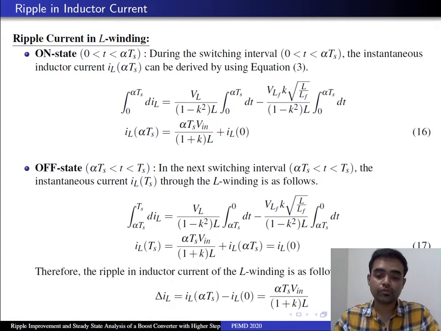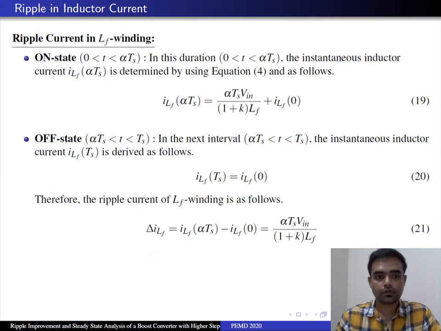As we are introducing a new term 1 plus K in the denominator, our ripple in inductor current will be less. The ripple in the LF winding is determined in the same way, and it is delta ILF equal to alpha Ts Vin by (1 plus K) into LF. So the 1 plus K means the coupling effect is also there.